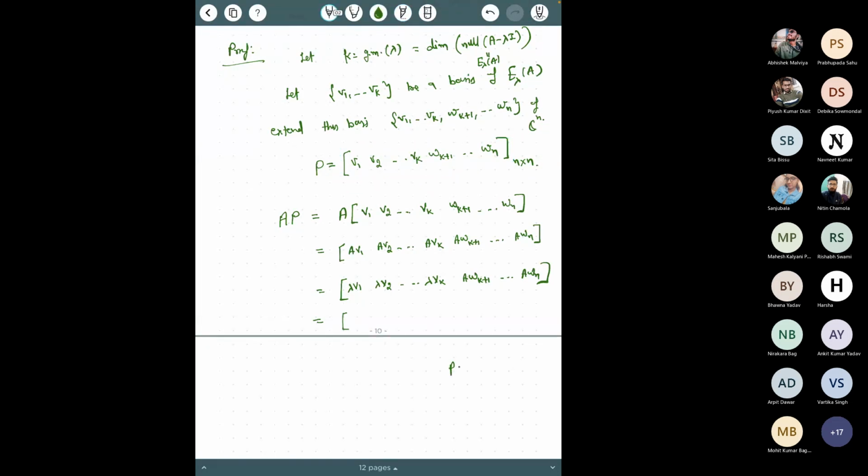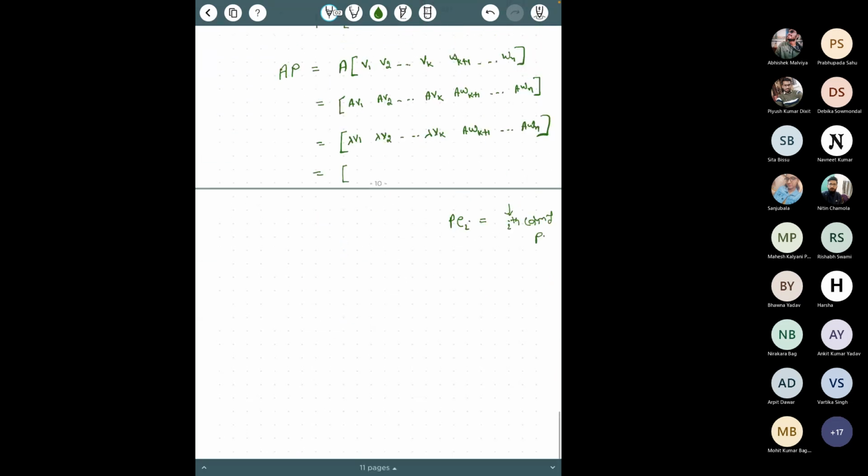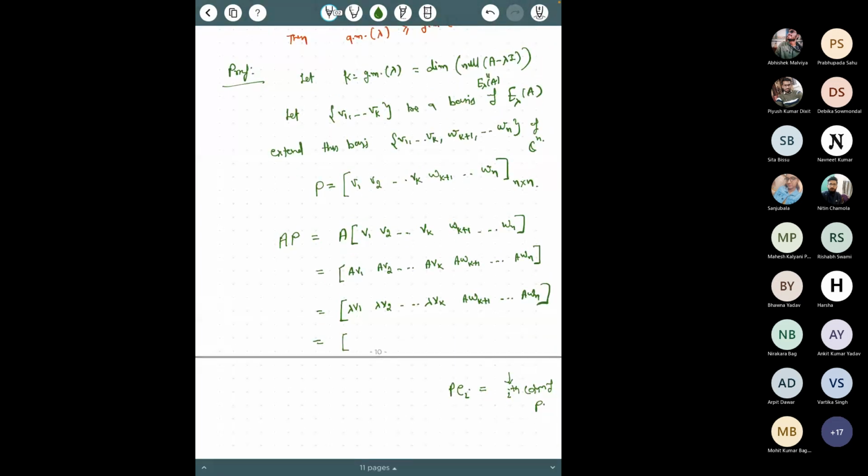Then it gives me the ith column of P. So in particular, if I multiply P with e1, it gives me v1, and so on. So lambda v1 I can write as this one.